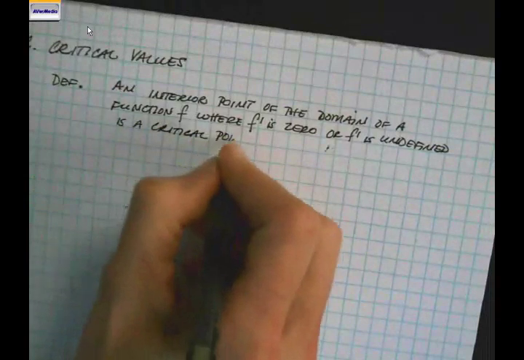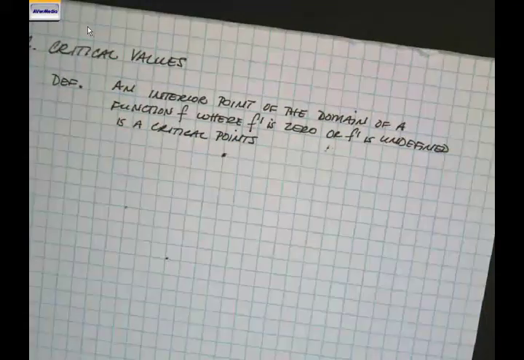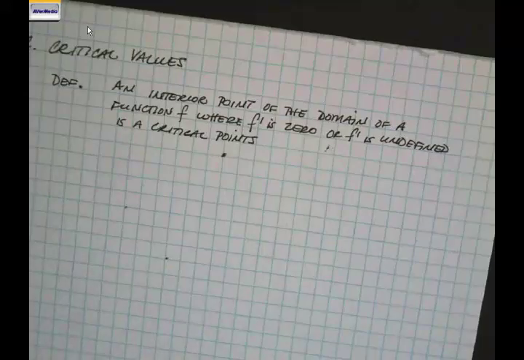So critical points or critical values or critical numbers occur when the first derivative equals 0, which is what we're looking at for local maxes and mins, or where the first derivative is undefined.